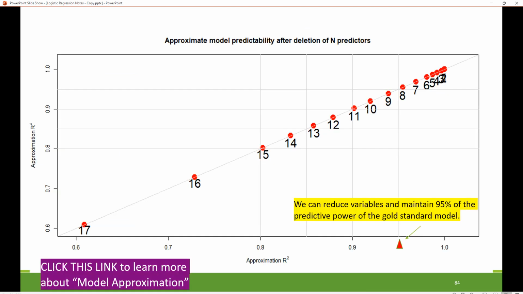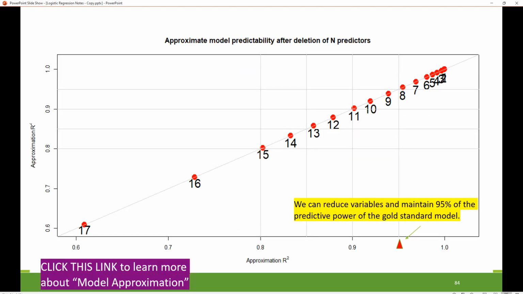Just to go back to the model approximation, an alternative would be, if you reduce predictors and that leaves you with about 95% of the same area under the curve, then that would give you an approximate model.